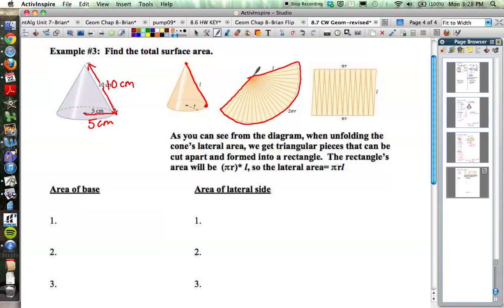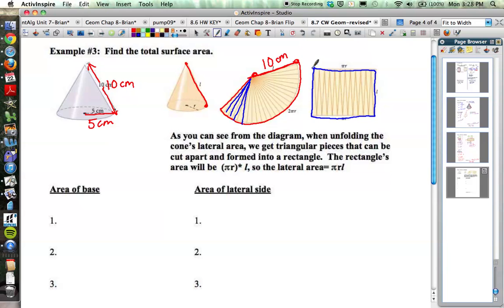Now this dimension right here, from here to here, is that slant height dimension. So that's the 10 centimeters that we were talking about back in the original diagram. But notice what happens on the fan part. We've got all of these little triangular regions that we can make right here. And all of those triangles can be put together and jigsawed back and forth to make a shape that looks kind of like this.